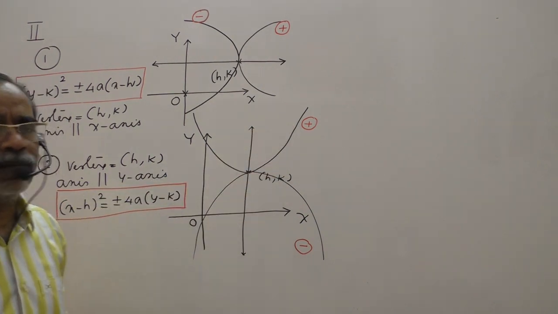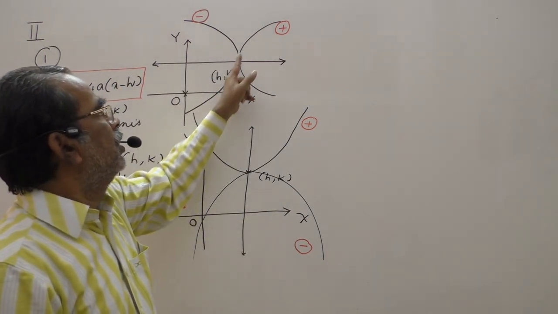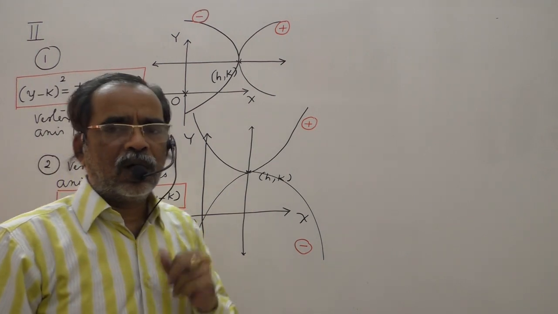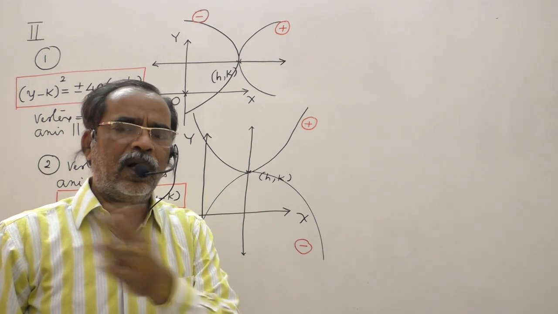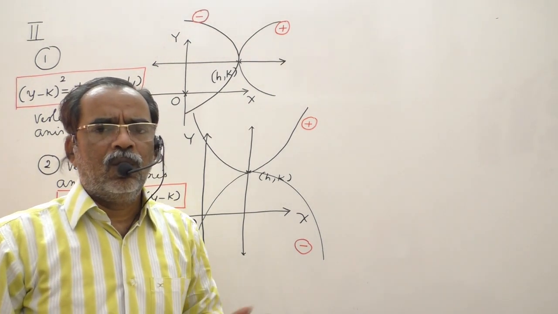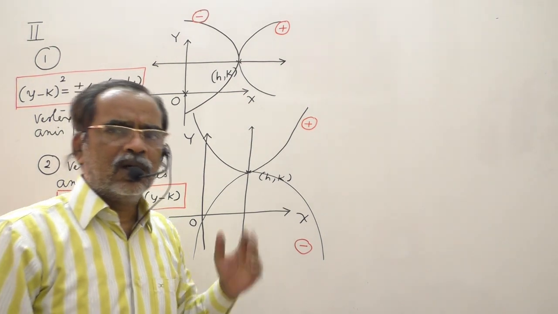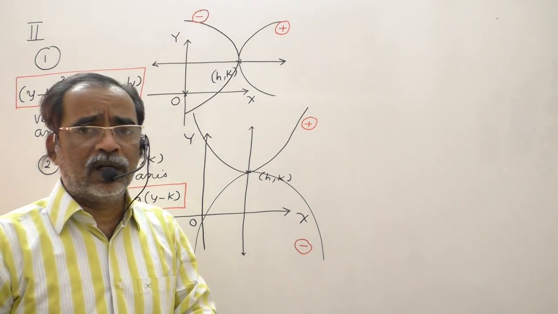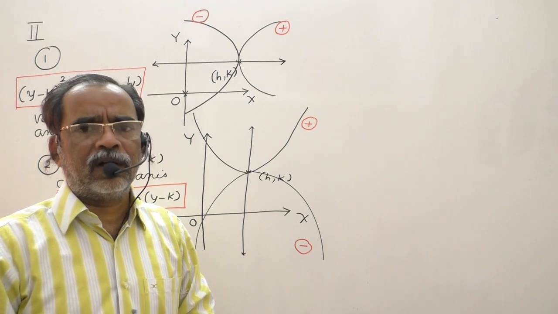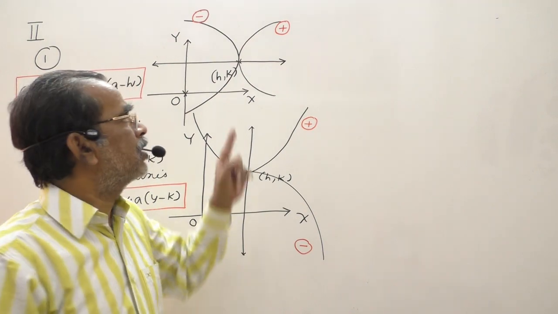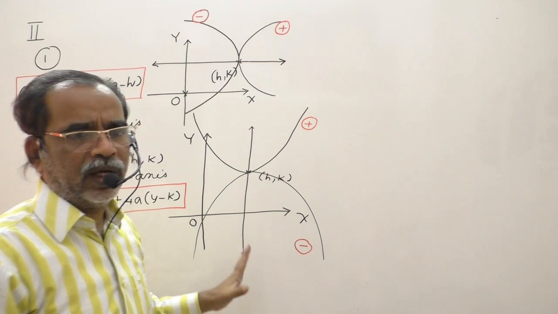So please note this: for this or this, in the total second set, the figure can lie in any quadrant, only first, only second, third, fourth, or first and third, second and fourth, or all four. There is no effect with that. Only the axis should be parallel to the x-axis or parallel to the y-axis.